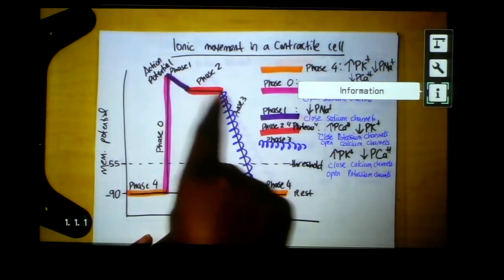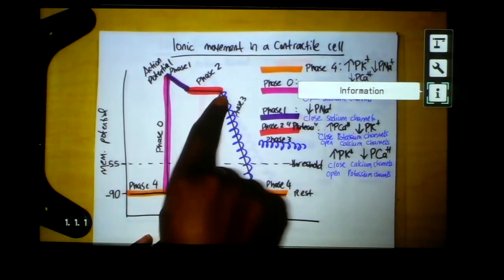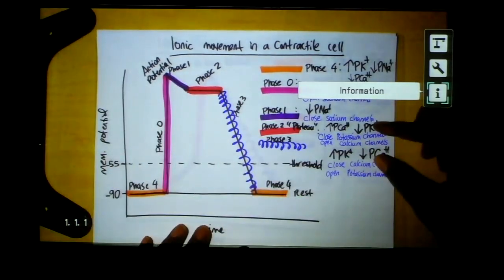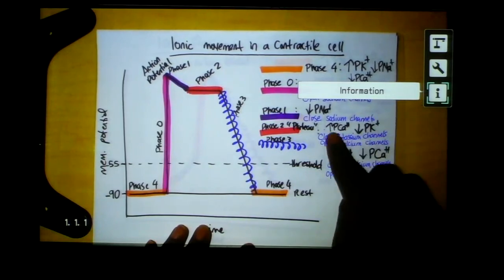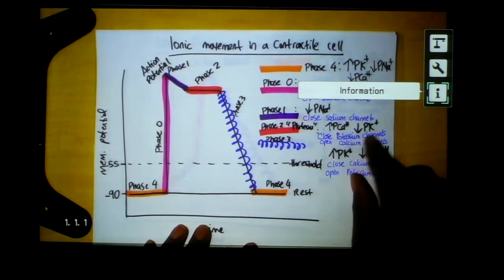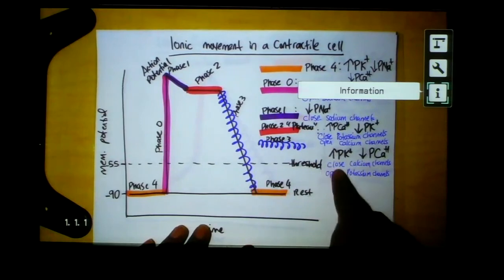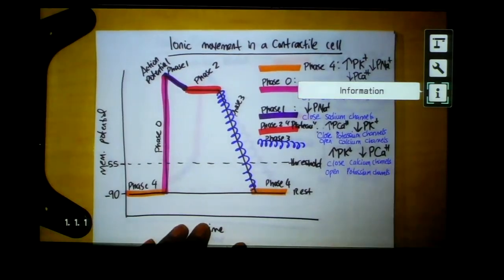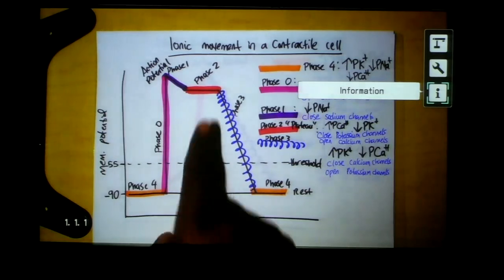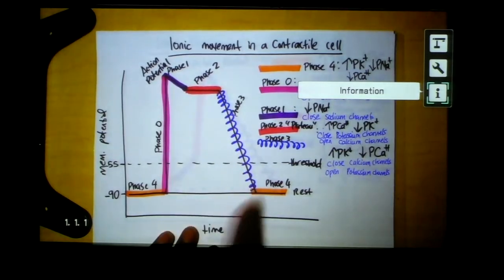When we're done here, we've delayed this enough, right? We then flip-flop the orientation of those 2 channels. So instead of having calcium channels open and potassium channels closed, in phase 3, we now have potassium channels open and calcium channels closed, and that continues the repolarization, which brings our membrane potential right back down to rest, okay?